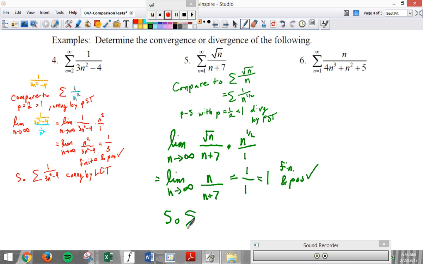So this series, the original parent series, diverges. Why does it diverge this time? Think about that. By LCT. It's diverging this time because the comparison series was diverging. That's it. You don't have to worry about being smaller. You don't have to worry about being bigger.